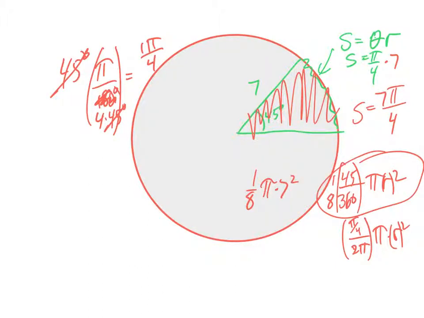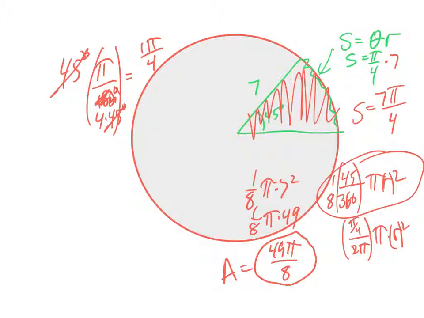So that would be 1/8 of pi times 49, which is 49 pi over 8. That's an exact answer. If you really like decimals, you could go 49 times 3.14 divided by 8, and that'd be your area. So the first one was arc length, the second one was area.